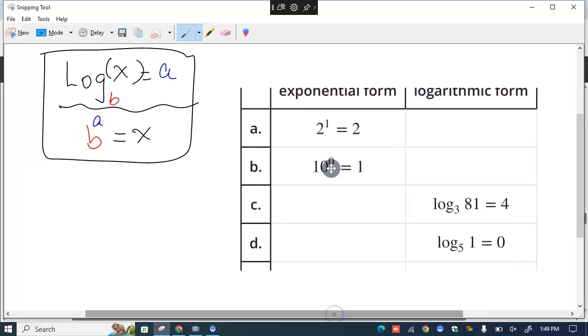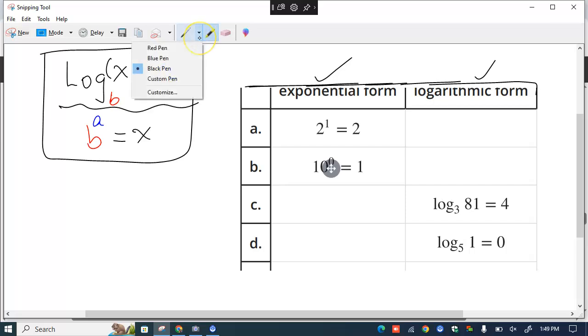Now the first one is you're supposed to complete this table. There is the exponential form, and this is the log form. Look at the color coding. The first one is the black. You can see the base is the 2, the red color. This is 2, and the blue is the 1. So when you write in the log, write the base first.